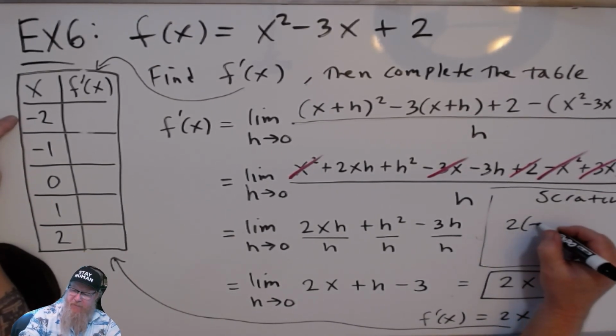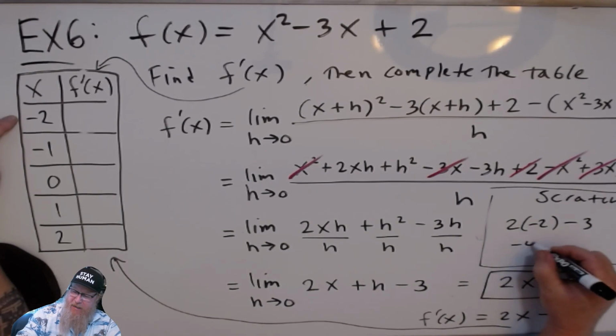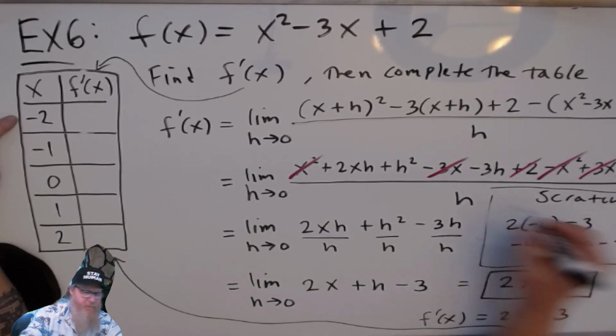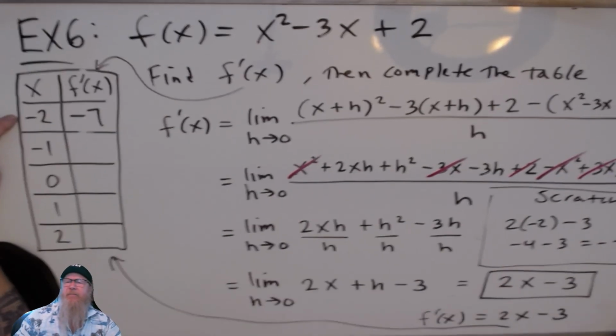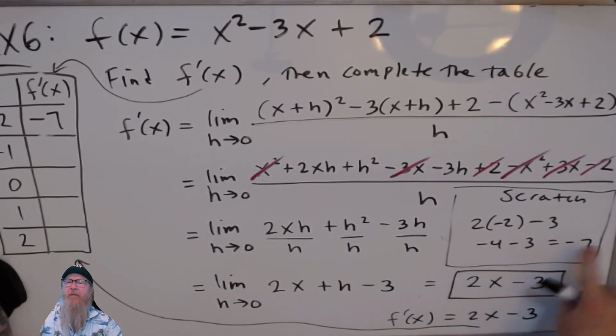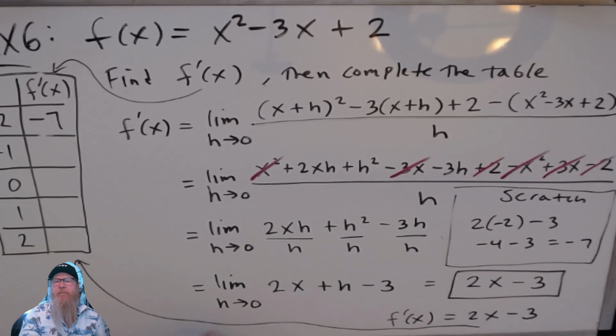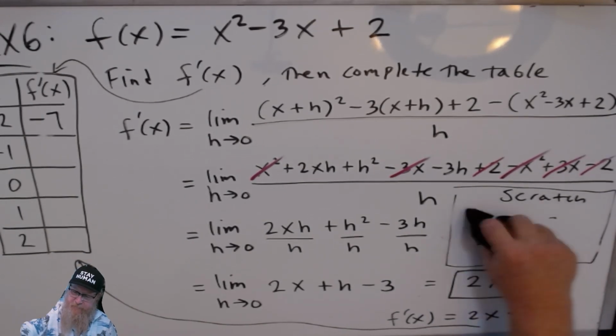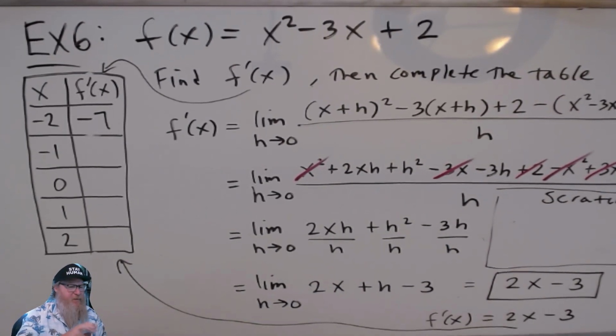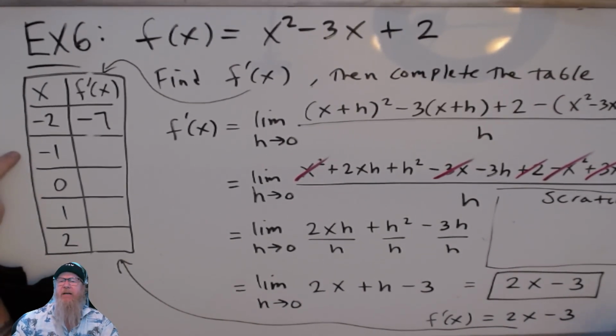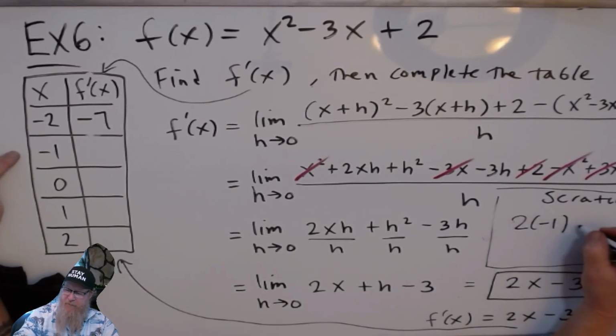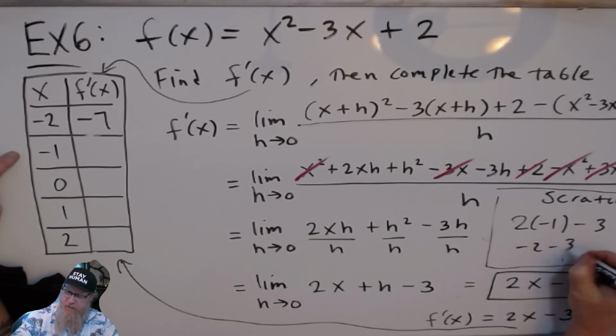So 2 times negative 2 minus 3, that'll be negative 7. Let's do negative 1. 2 times negative 1 minus 3. That's negative 2 minus 3.